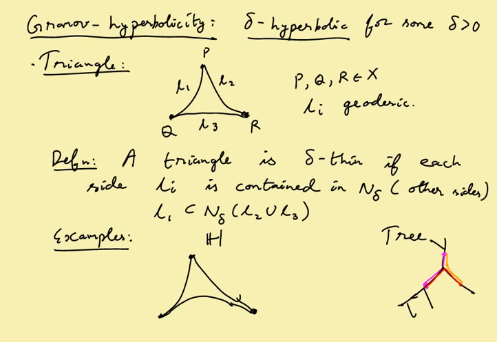So this is a typical triangle. So in this case, in fact, delta equals 0. Okay, so this is a remarkable fact. Any side in a tree is contained in the union of the other two sides for a triangle. So this is the most extreme case of being delta hyperbolic, which is a tree.